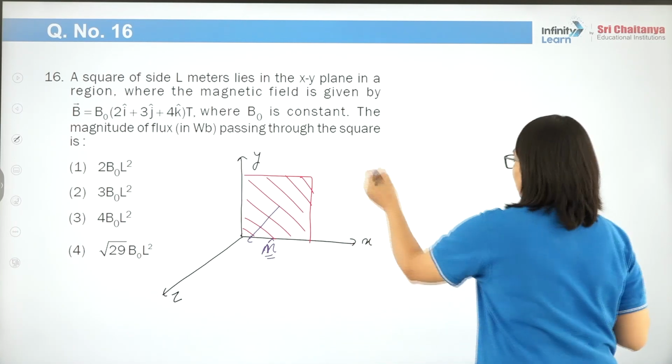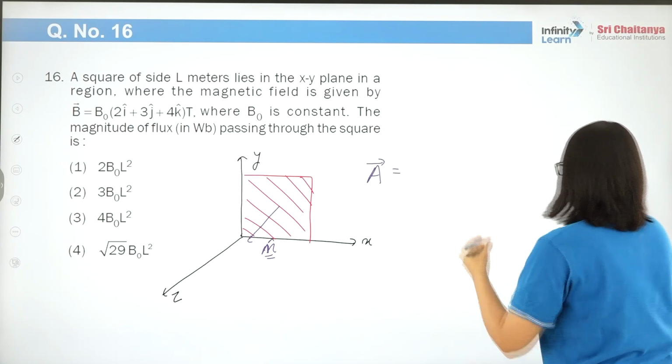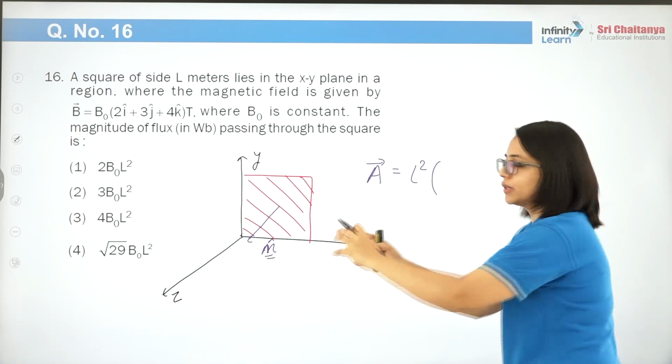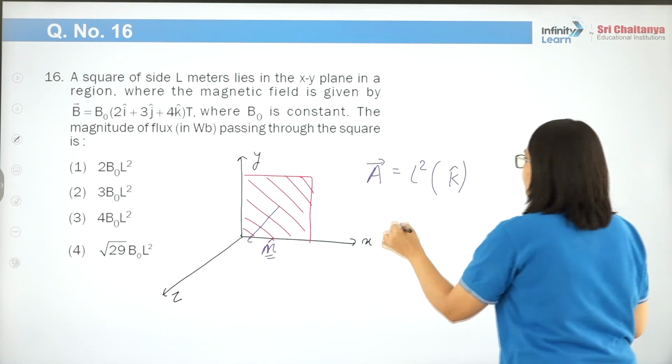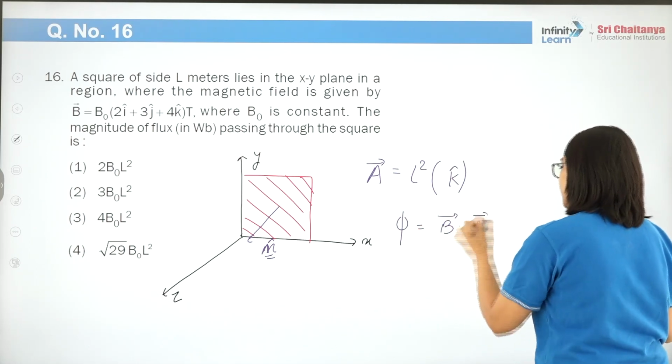So over here the area vector will be the area of the square, L square, into the unit vector along the direction of the area vector, which is k cap. Then flux is B vector dot A vector.